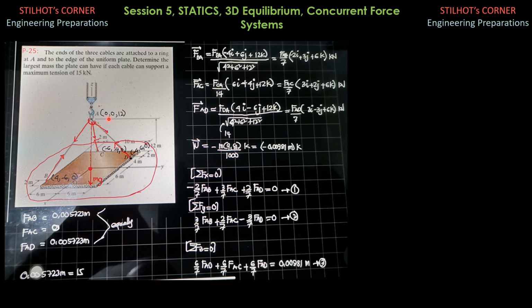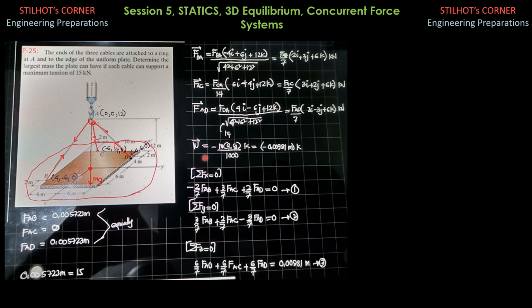So 0 minus negative 4 is 4i. 0 minus 6, negative 6j. 12 minus 0 is 12k. All over square root of 4 squared, 6 squared plus 12 squared, so that's also 14. Simplifying, so FAD is also FDA, magnitude FAD, over 7 times 2i minus 3j plus 6k kilonewtons.